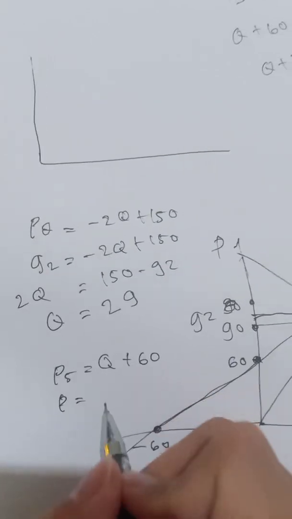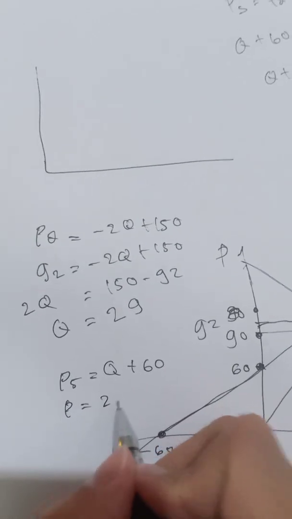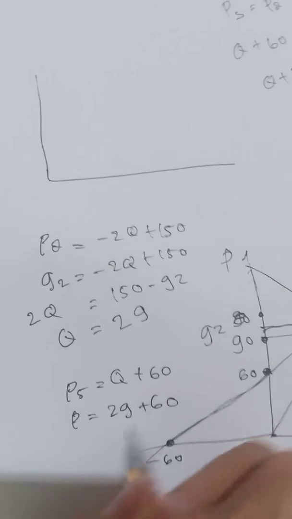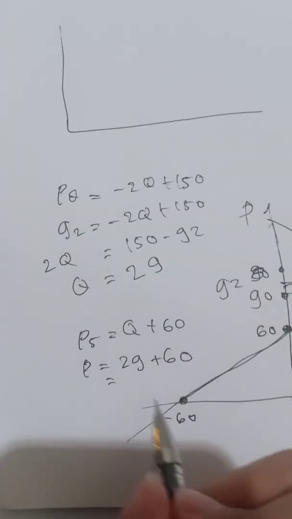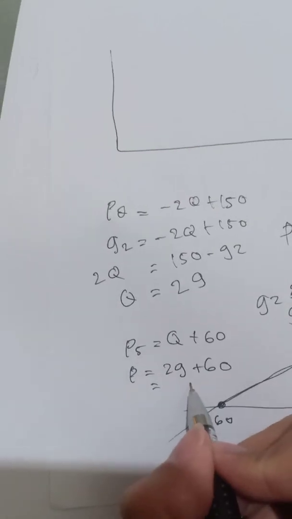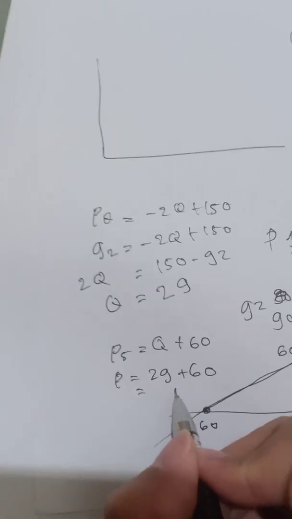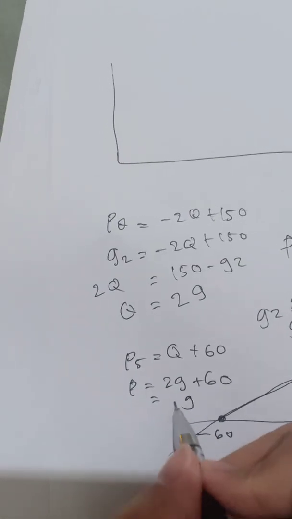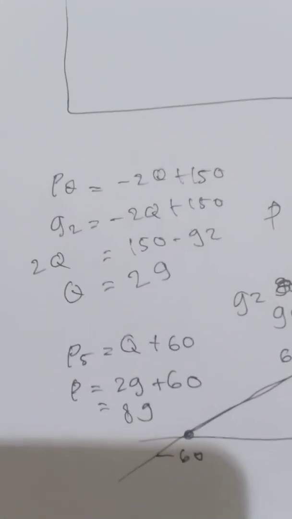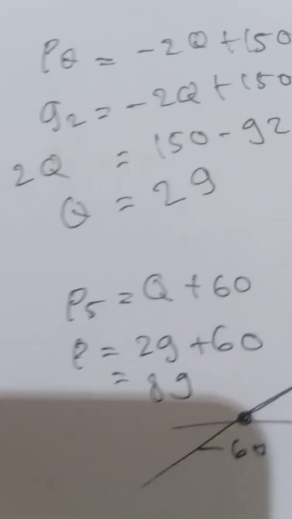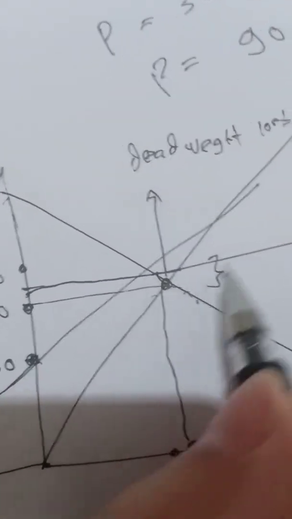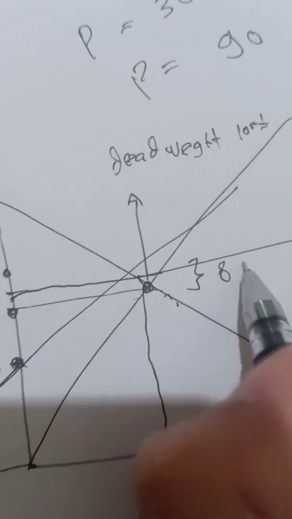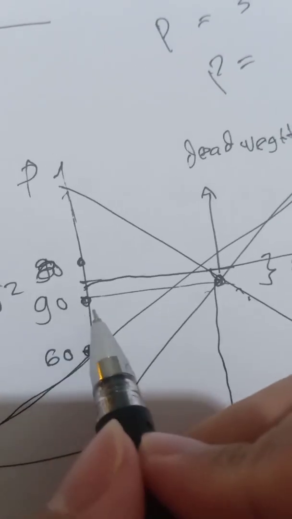So PS is 29 plus 60, which is 89. So we found that PS is 89. We pull this one.